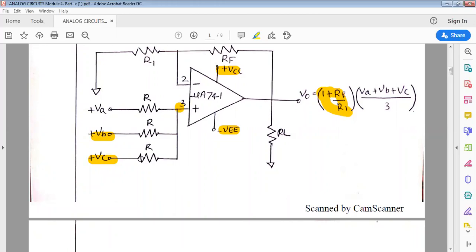Because of that, this R and this R will be parallel to each other, and the equivalent resistance of this parallel combination will be R divided by 2. The overall resistance of this path, from VA to ground, is R plus the parallel combination of these 2, which is R by 2.